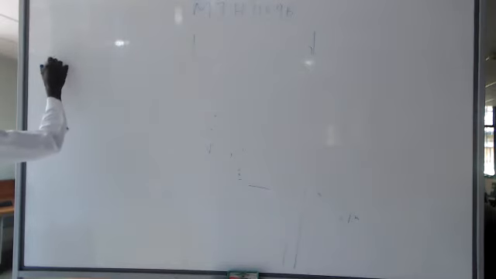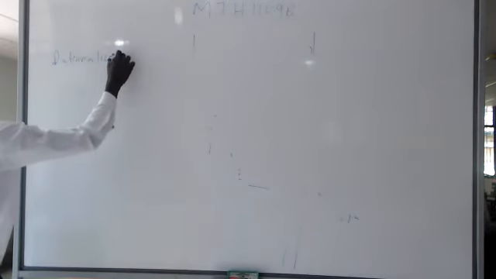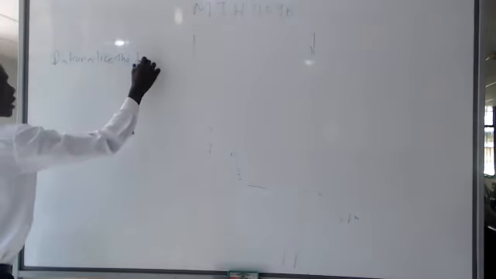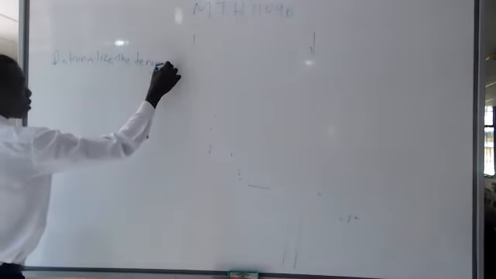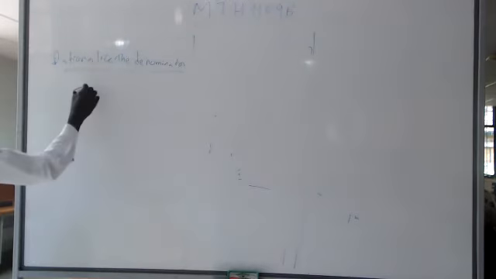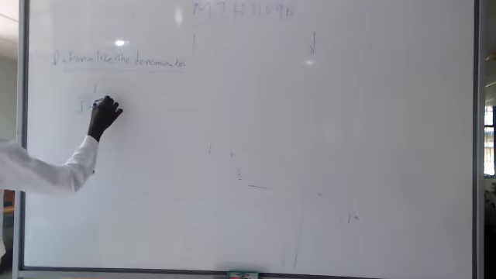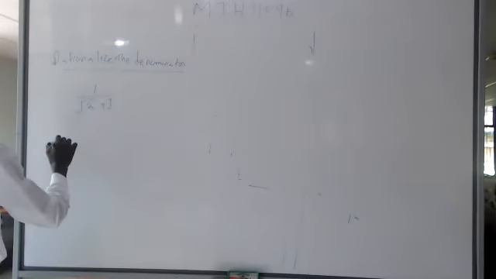Let's do an example on denominator. The procedure is the same. Rationalize the denominator. So we'll have 1 divided by square root of 2 plus 1.